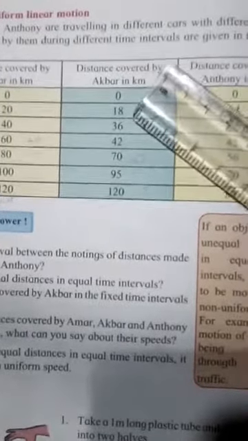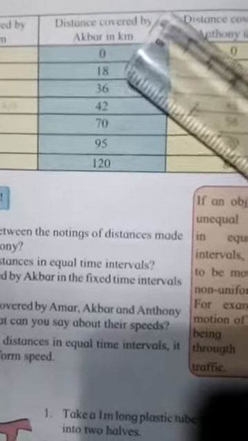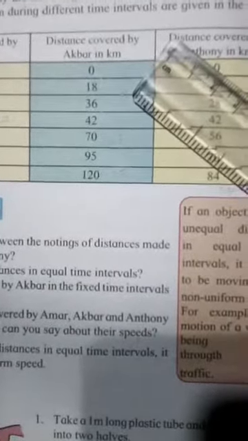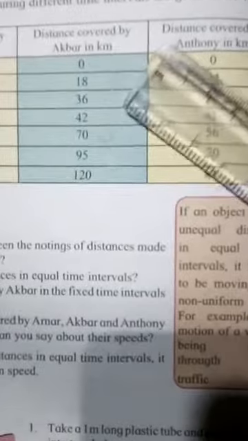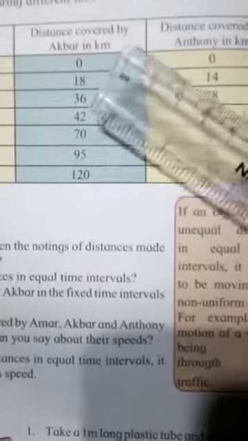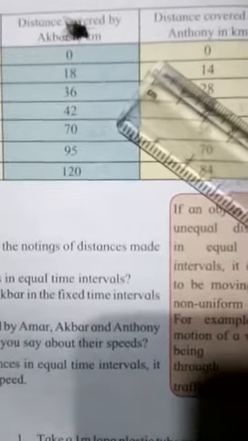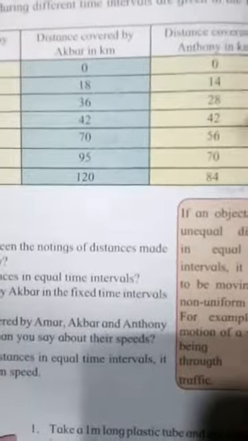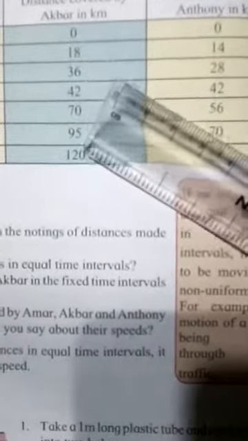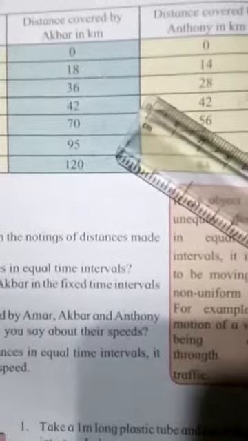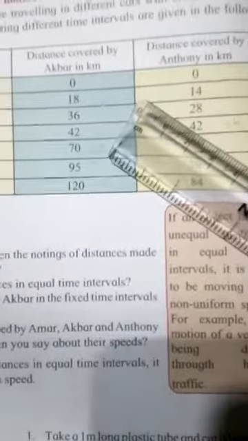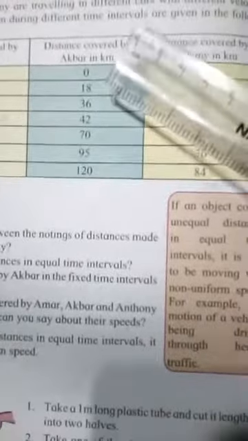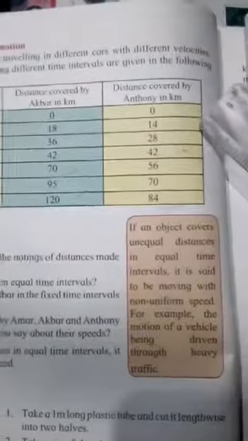First, 0 to 18, 18 kilometers, then 18 to 36, again he covered 18 kilometers, then 36 to 42, here he covered 16 kilometers, and then 42 to 70 he covered 28 kilometers, and then 70 to 95 we get 25 kilometers, and 95 to 120 he covered 25 kilometers. It means he has not covered equal distances in equal intervals of time.